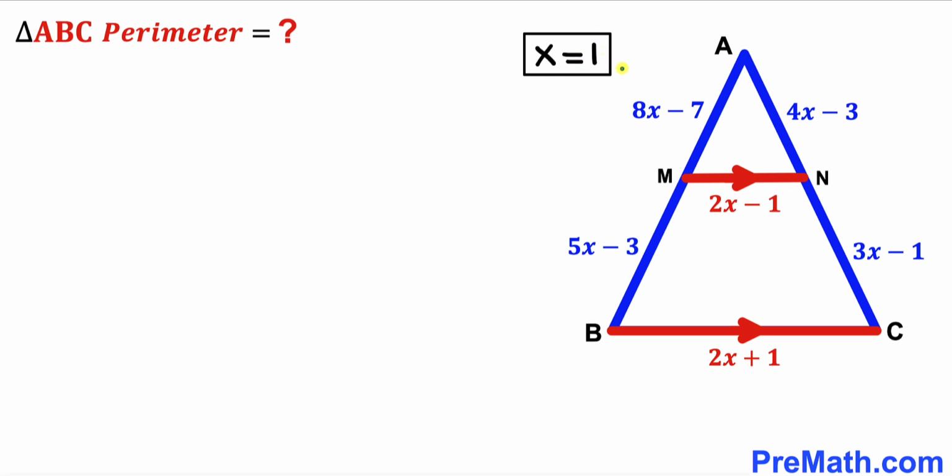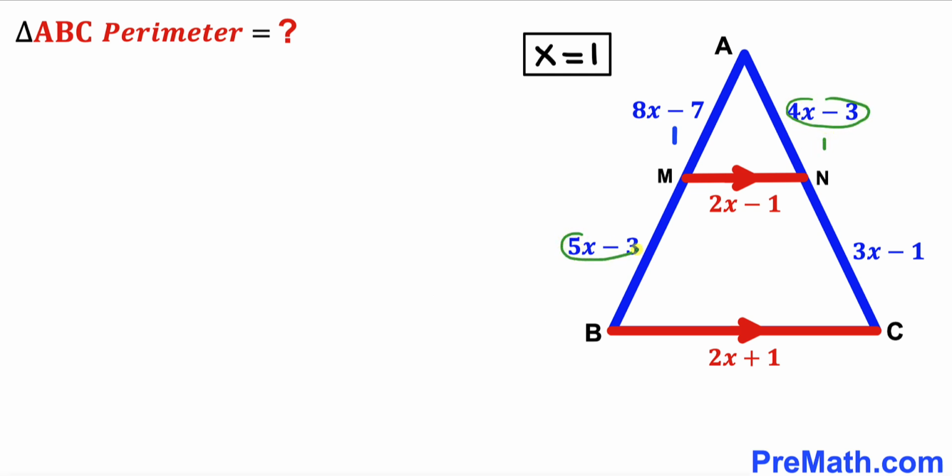Now we are going to substitute x equal to 1 in all these expressions. If we replace x by 1 here, that gives us 1. Likewise here, it gives us 1 as well.